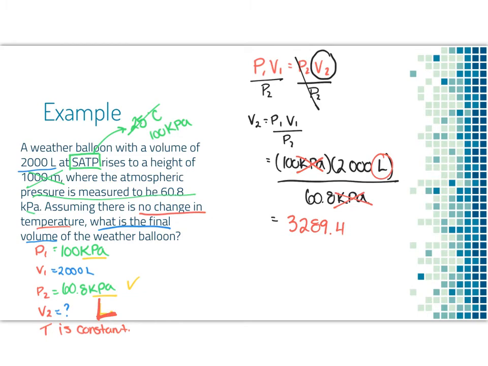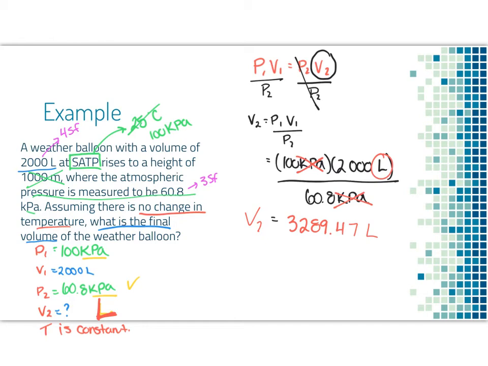Now, that's a lot of numbers. And is that how I want to report my answer? Not really. We need to use significant digits. So in our question here, we have a few different numbers. Our measured quantities here were our 2,000 liters, so that is 4 significant figures. We didn't use 1,000 meters, so it's not important. And our 60.8 had 3 significant figures.